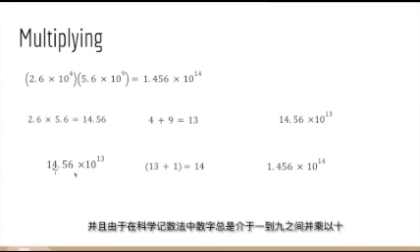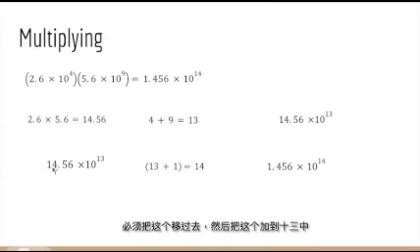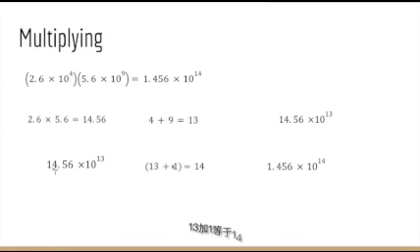And since in scientific notation, the number is always between 1 through 9 multiplied by a power of 10, we're going to have to move the decimal 1 over, and we're going to add this 1 to the 13. 13 plus 1 equals 14, and that will leave us with 1.456 times 10 to the power of 14.